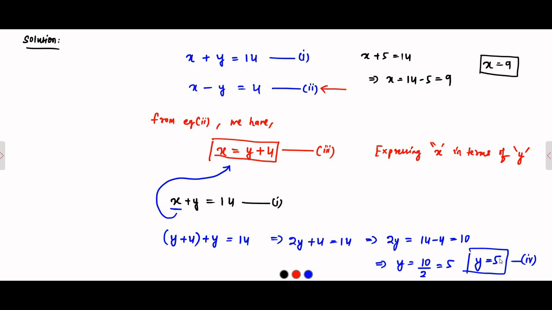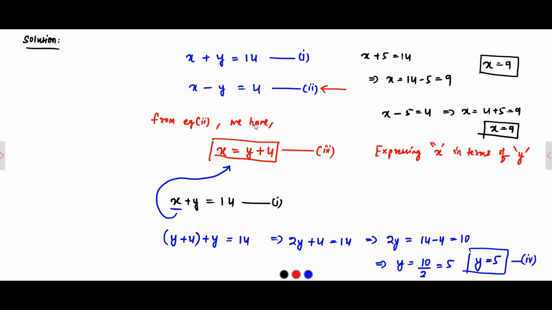Now suppose we put this in equation 2, that implies x minus 5 is equal to 4. That implies x is equal to 4 plus 5, which is equal to 9. So either way you will get the same result.